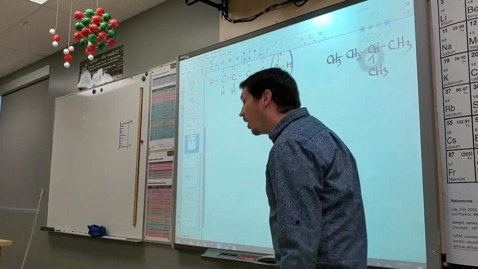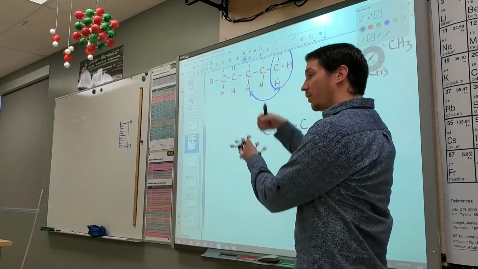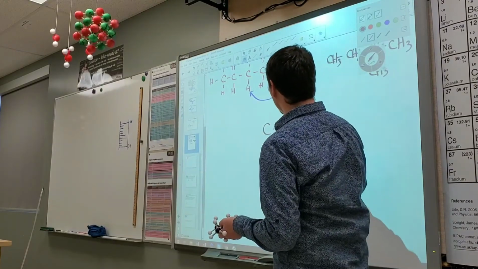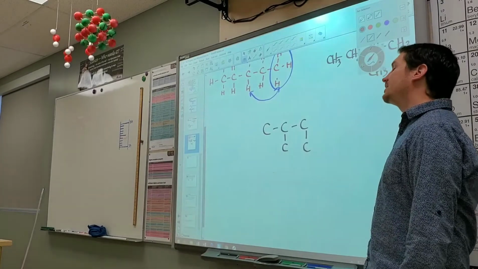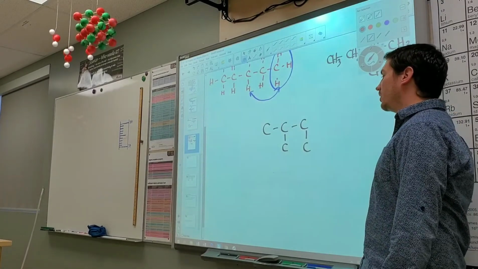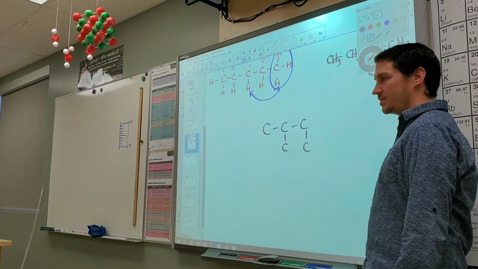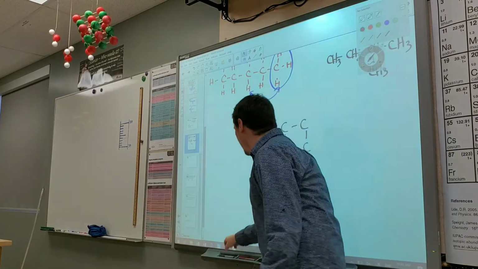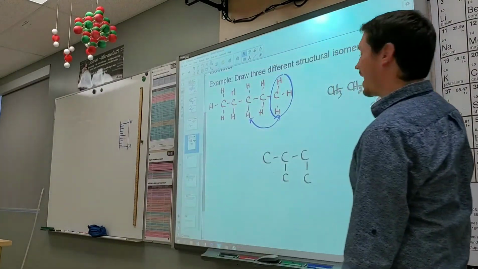Are we separating them, or are both carbons going to go in? Separating them. Like one's on 2, one's on 3. Okay. Now let's think about that. What's our longest parent chain? 4 carbons, right? So is this any different from that?